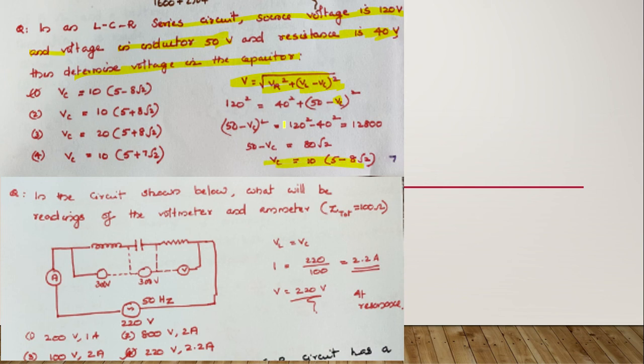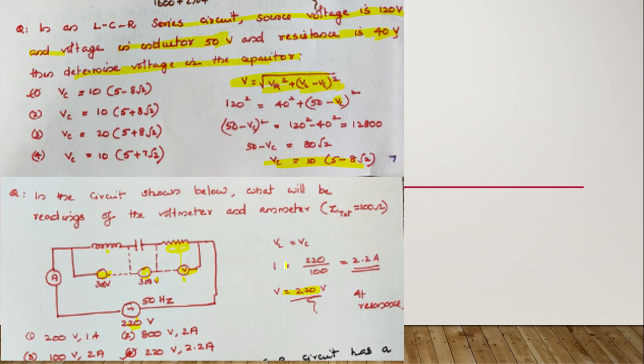A simple question. In the circuit shown below, what will be the reading of the voltmeter and ammeter? You just look at the voltmeter readings for the inductor and the capacitor. They are the same, 300, 300. That means that the circuit is under resonance. That means all the potential is across the resistance and hence the potential becomes 220 volt.